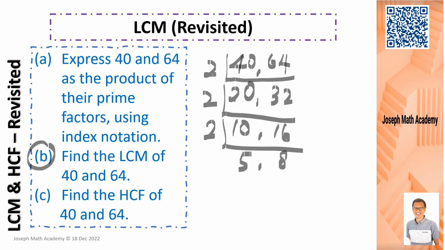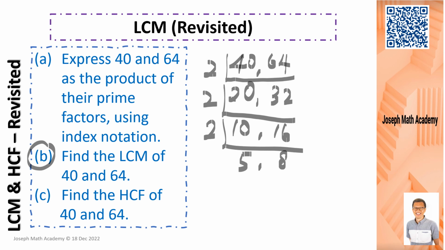Now, this is an issue. We can't stop now because to get the LCM, we have to proceed until both end at 1 each. We have to continue because LCM means we want to get a very big number, bigger than 40, bigger than 64.